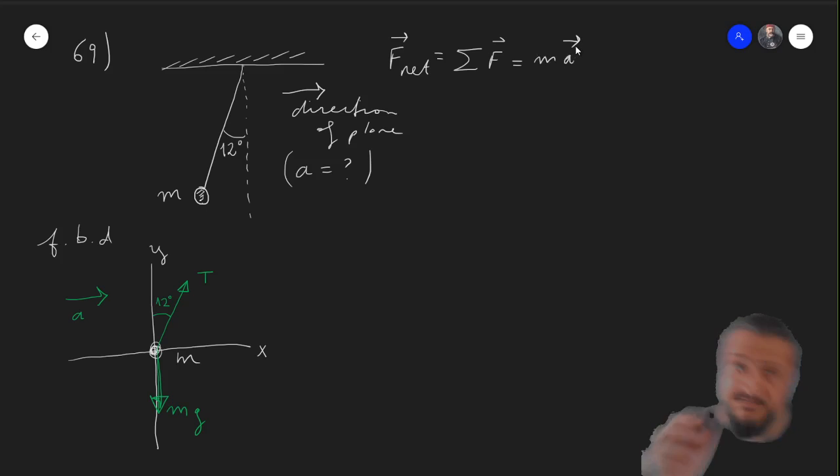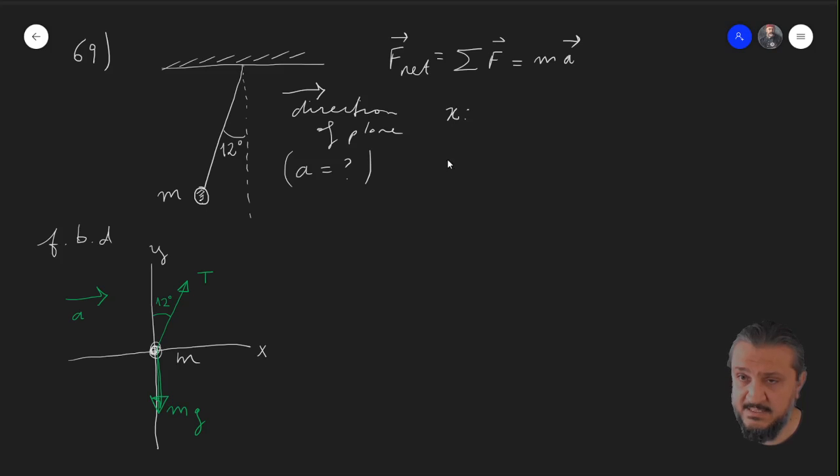But remember, it is a vector equation, which means there are two equations hidden in it. If you think in terms of components, the x component of the left-hand side is equal to the x component of the right-hand side, and same thing for the y. The y component of the left-hand side is equal to the y component of the right-hand side. So I need to write two equations, one for x and one for y.